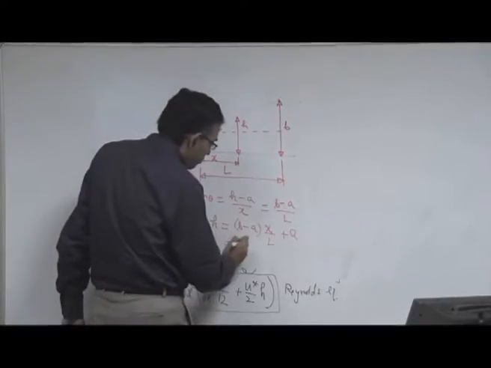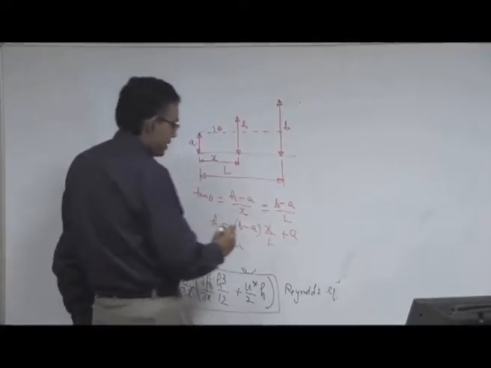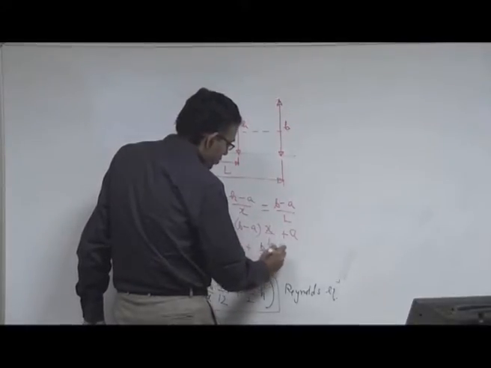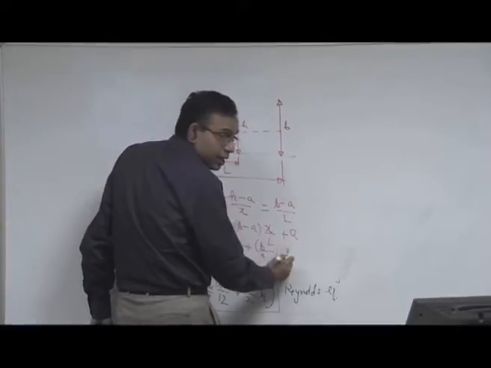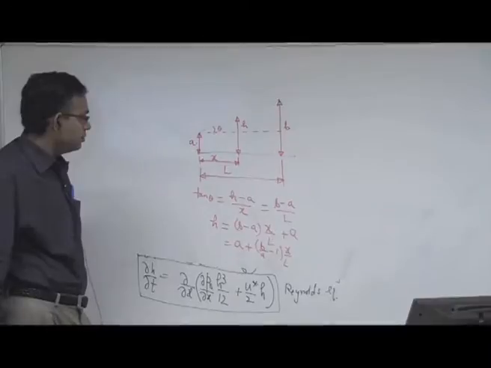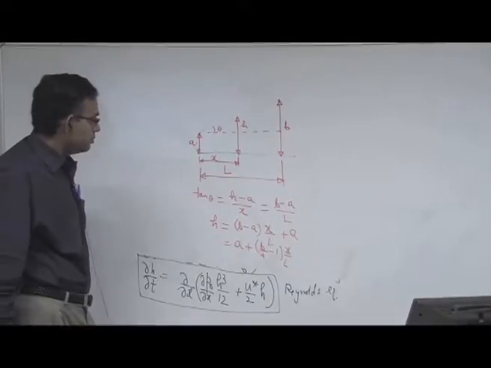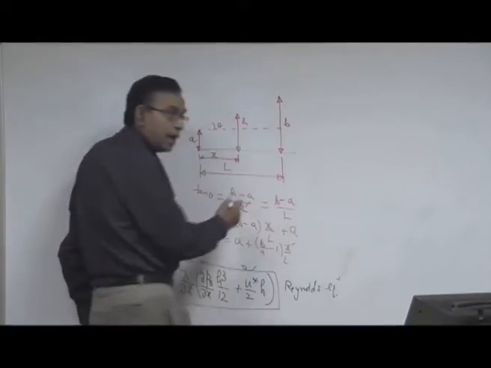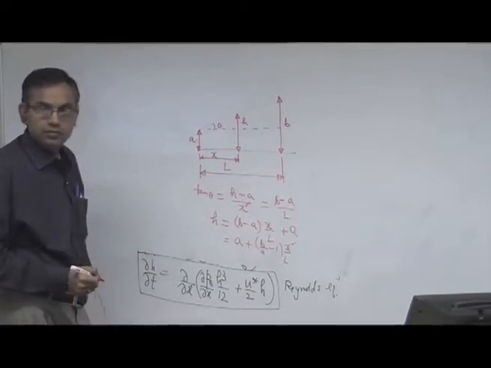So, A plus B by A minus 1 into x by L. So, this x is x dash actually, the dimensional x. B and A are physical dimensions.